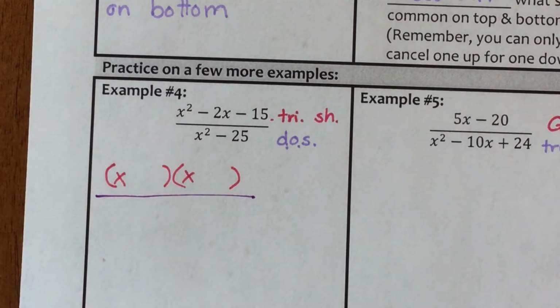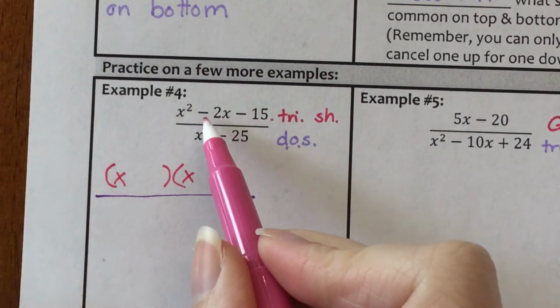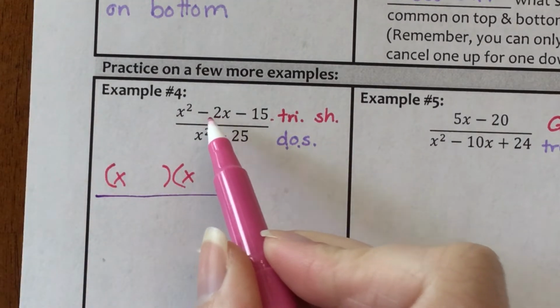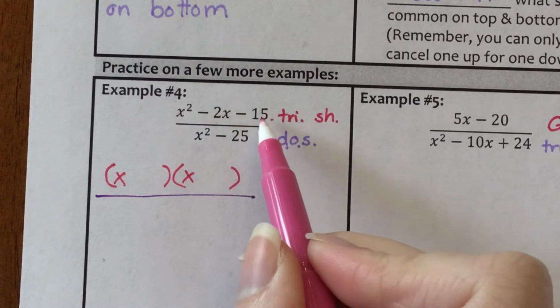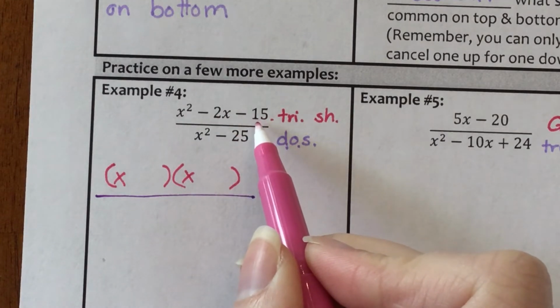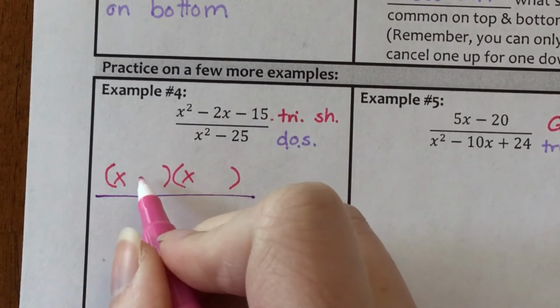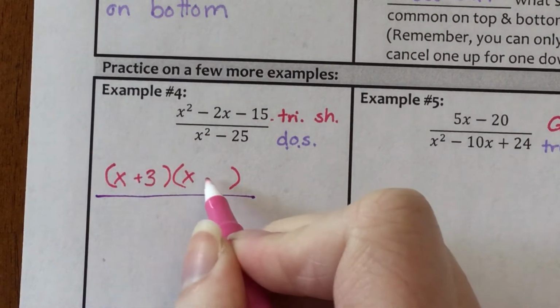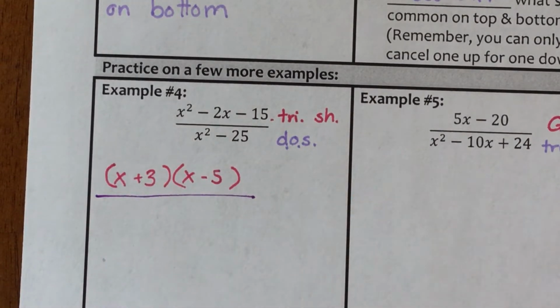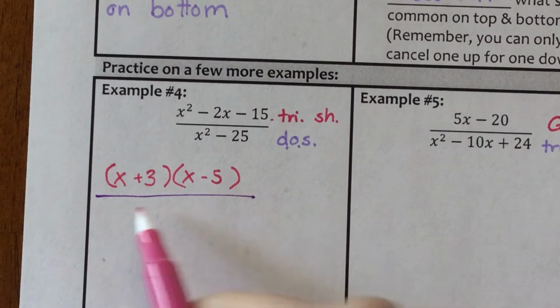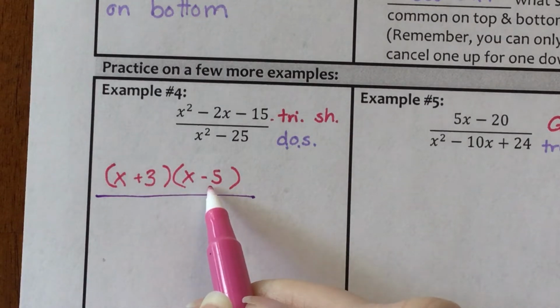I'll keep pink for all the tops and light purple for all the bottoms. We're looking for the two numbers that add up to -2 and multiply to -15. The numbers +3 and -5 fit that description: multiply to get -15, add to get -2.